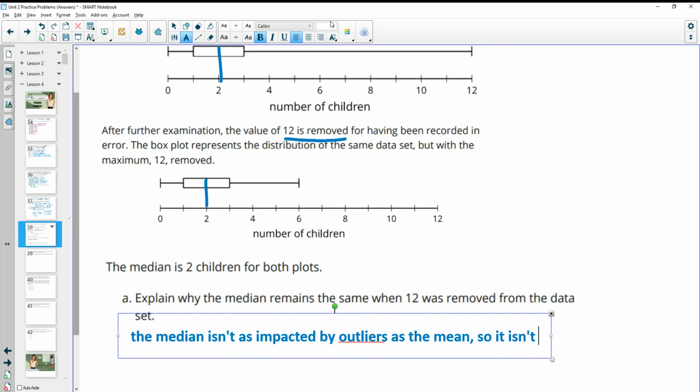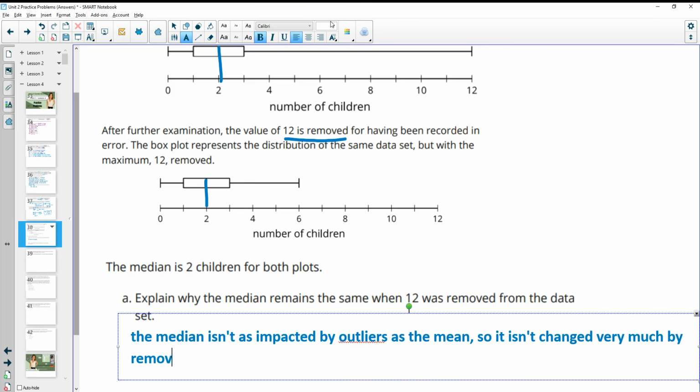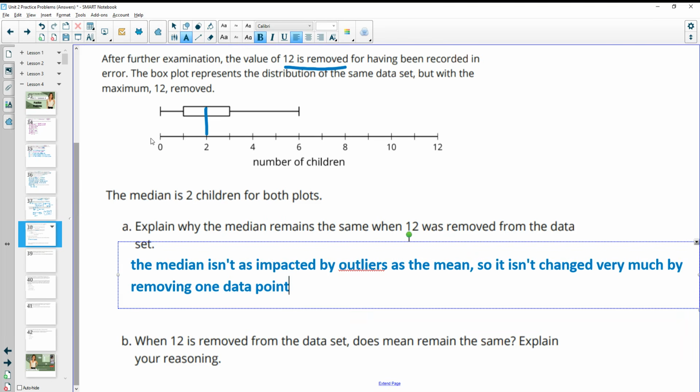So it isn't changed very much by removing one data point. So in this case, there were likely a few or multiple families with 2 children.